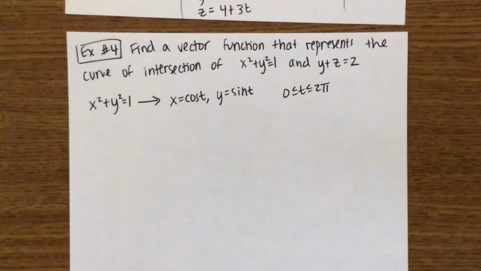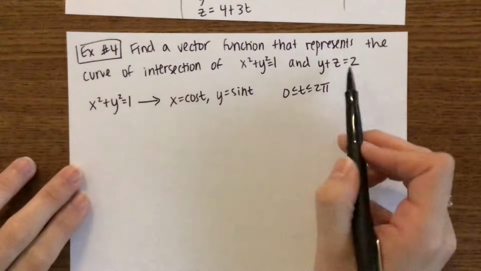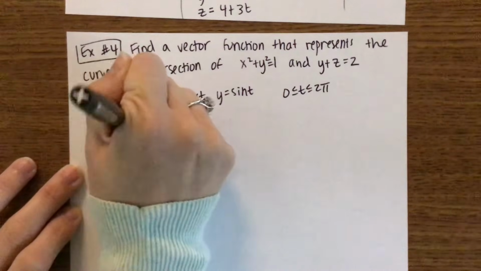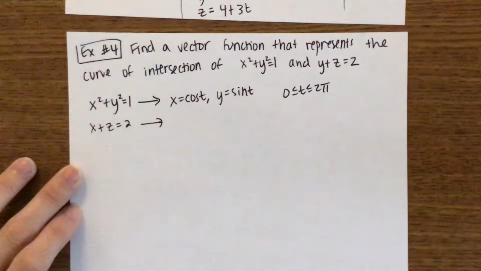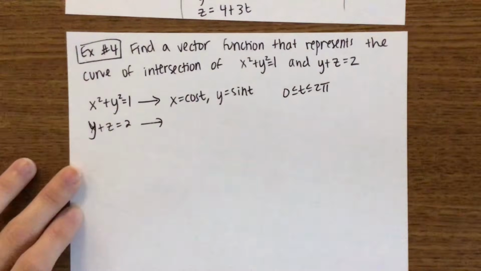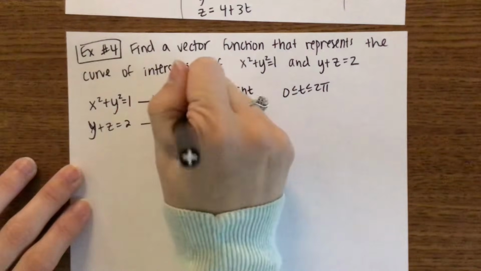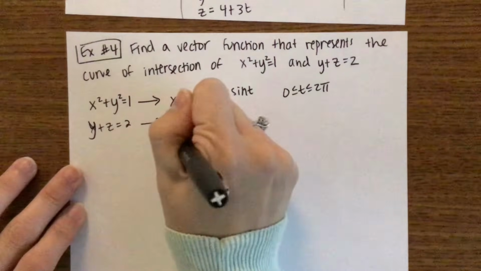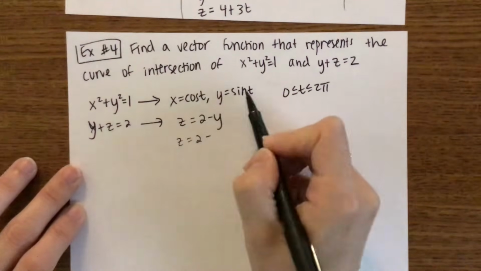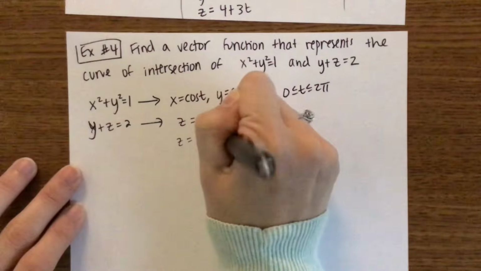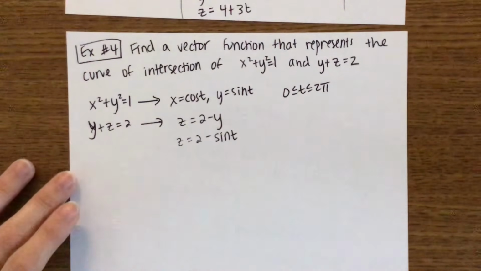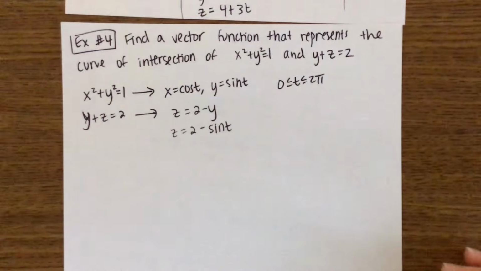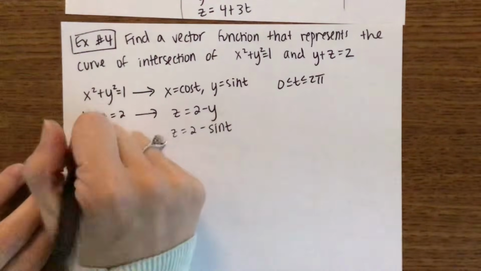Okay. So that takes care of x and y. We need z now. Sorry, y plus z. So if I solve for z, I get 2 subtract y. y is what I have up here, that's sine of t. So now I have a parametric expression for x, y, and z that takes both figures into account.